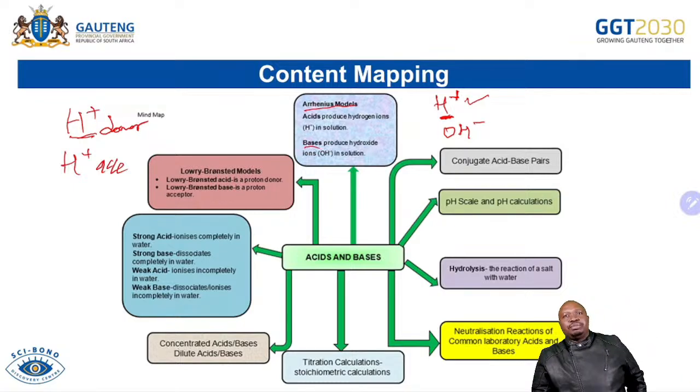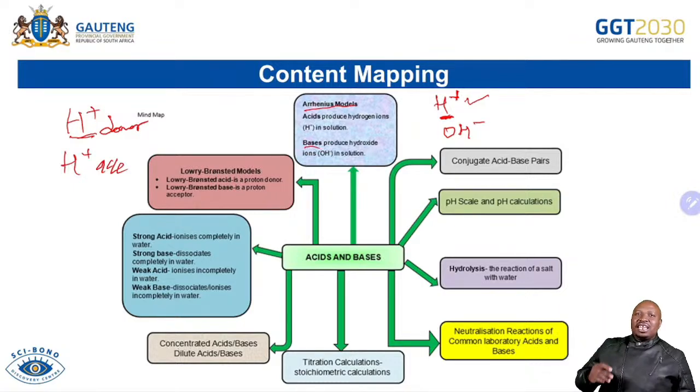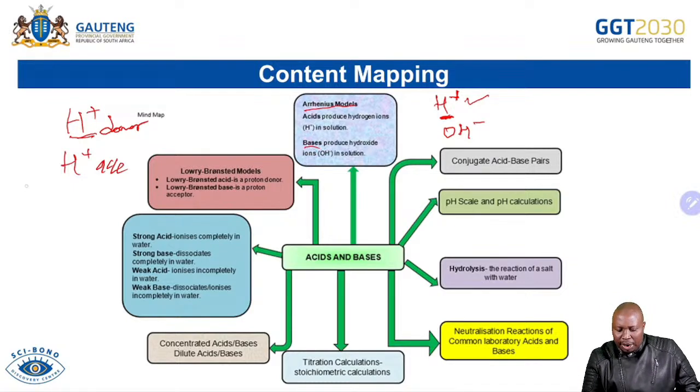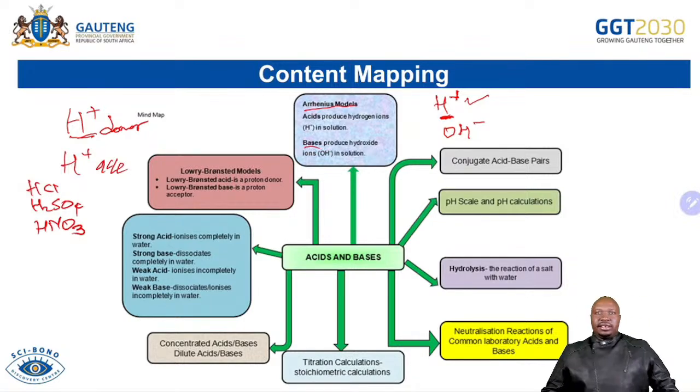And then the other thing which is important is that acids can be classified as being strong or weak. Usually when you talk about strong acids, the normal ones that come to your mind would be your HCl, your H2SO4, and your nitric acid, HNO3.